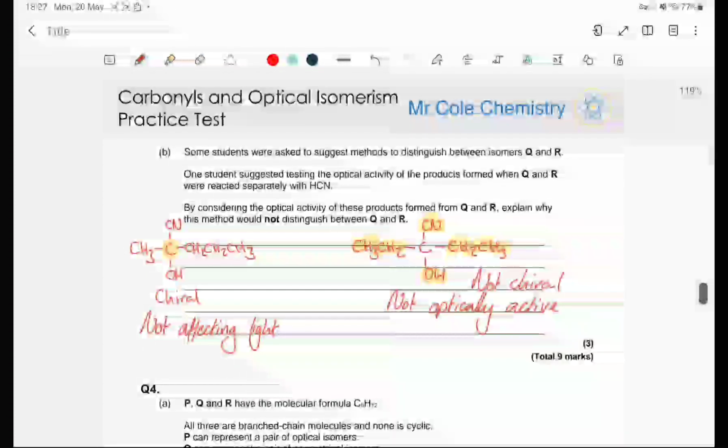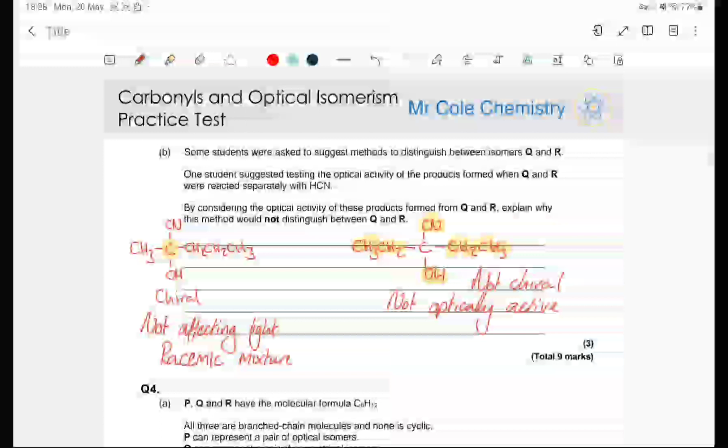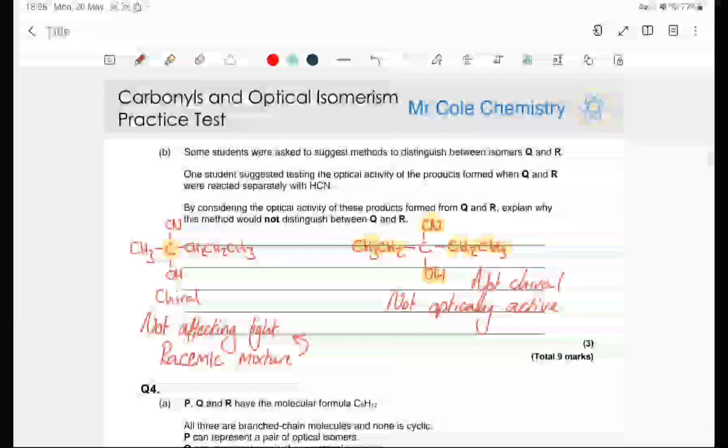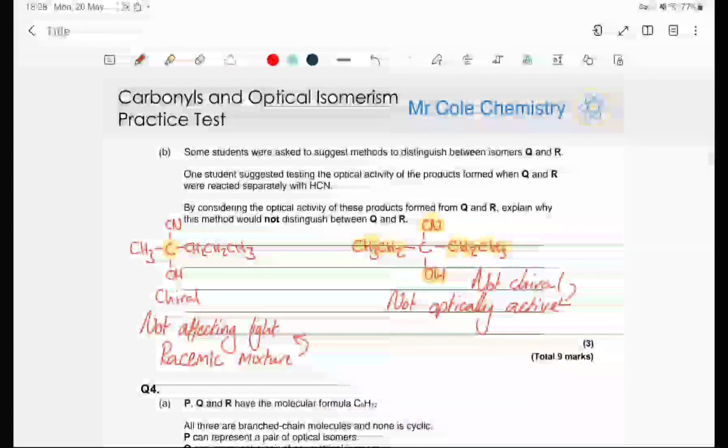Okay, so going to our 3 mark answer, product from Q is a racemic mixture and therefore does not affect the light. And product from R does not have a chiral center and therefore is not optically active.